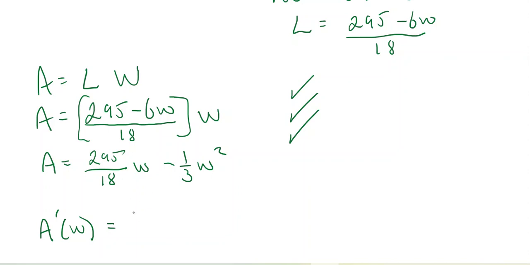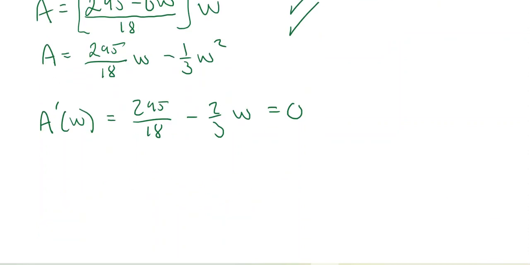So the first term, we're just going to have 295 over 18, and then we're going to have minus 2/3 W. And we want to set that equal to 0 and solve that for W.